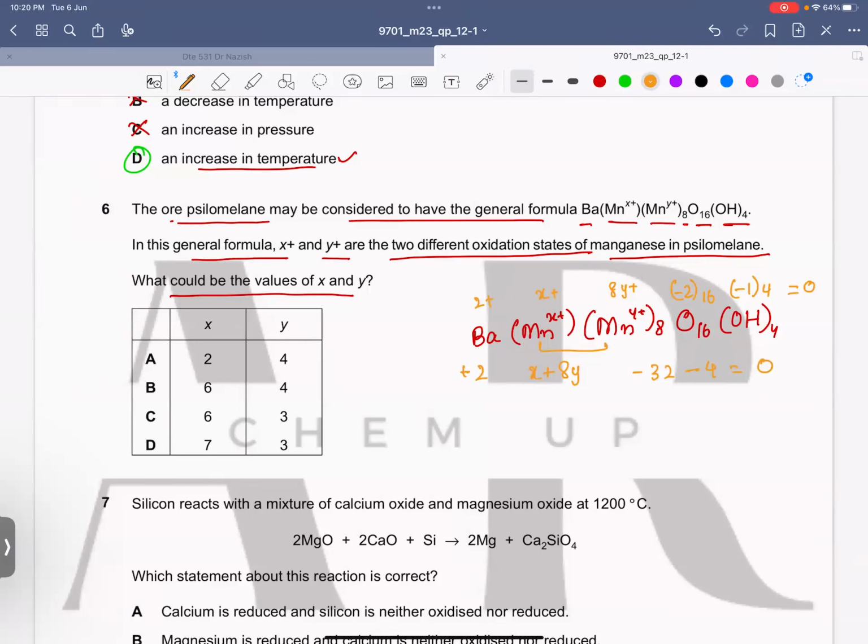If I further solve it, I will get X plus 8Y is equal to plus 34. So the collective oxidation number of these is plus 34.